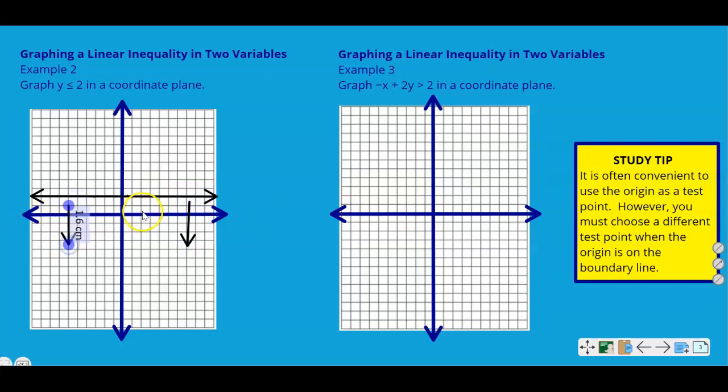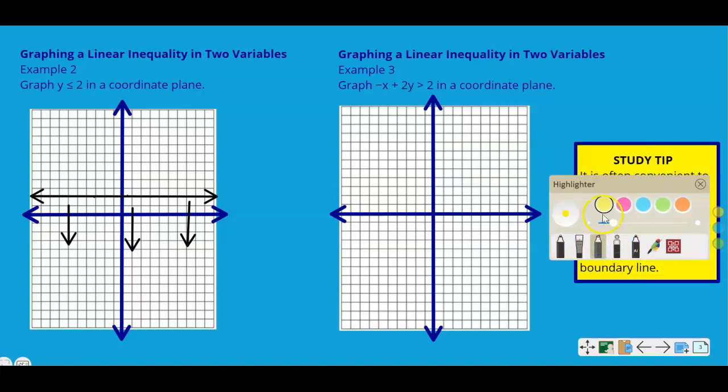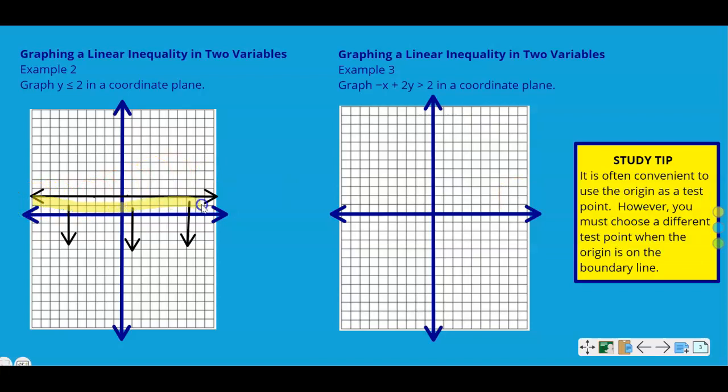So this whole area here will be the solution area. We can take the highlighter and shade everything below y = 2. I'm trying not to get above that line, but everything below the line would be included in the solution.